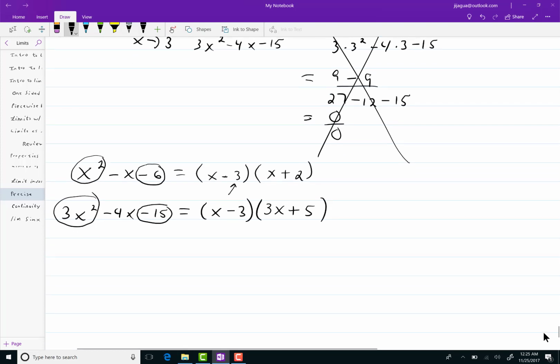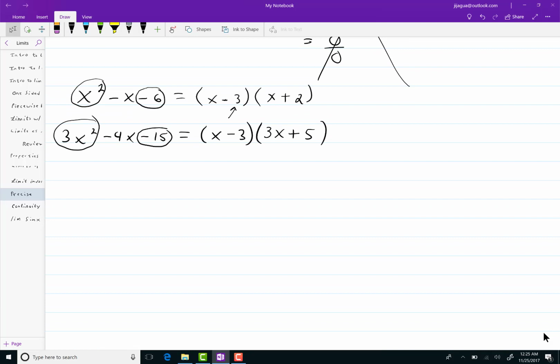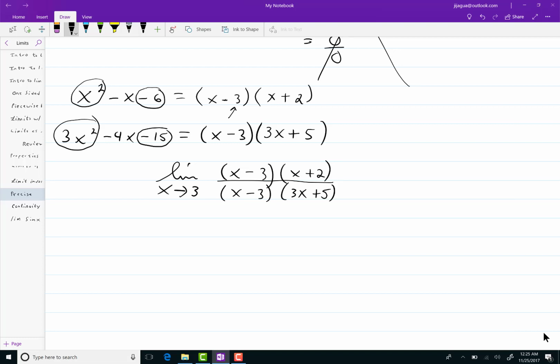So this limit really becomes the limit as x goes to 3 of x minus 3 times x plus 2 all over x minus 3 times 3x plus 5. And of course, since we have x minus 3 in the numerator and the denominator and they completely cancel out, we know there's going to be a hole when x is equal to 3.